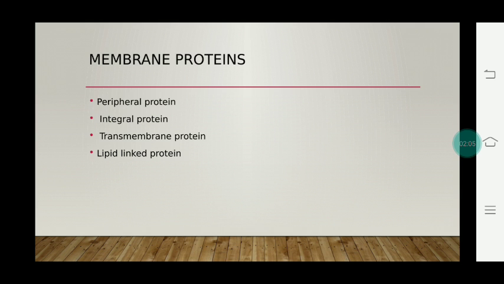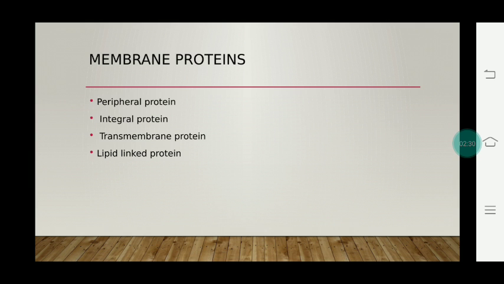The membrane protein is important for the movement of molecules throughout the plasma membrane, so it's called a selectively permeable membrane. That's why the membrane protein is the most important part of the plasma membrane.